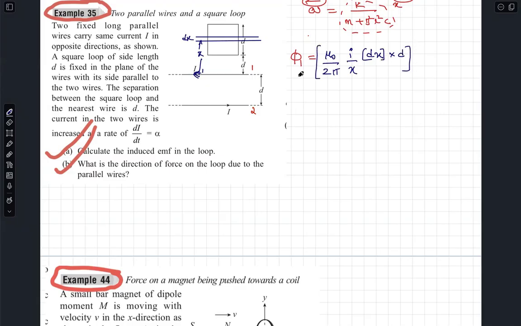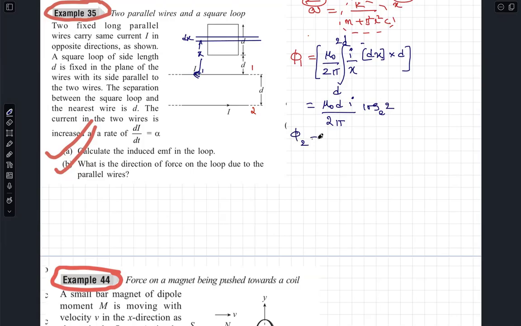And the limits are d to 2d, because with respect to this conductor, one end is at d, the other end is at 2d. So you will get mu naught d into I by 2 pi times log e 2.